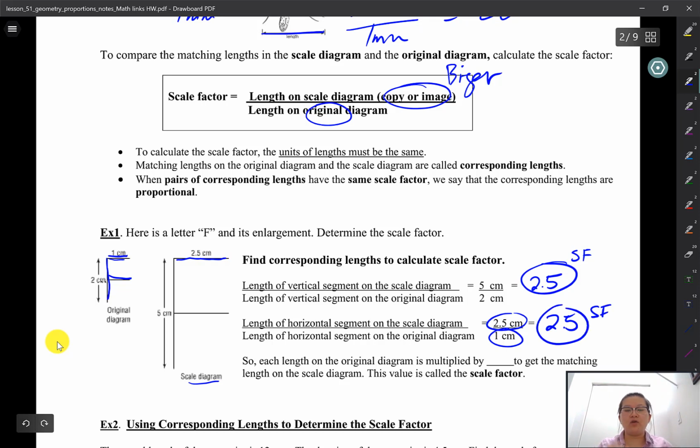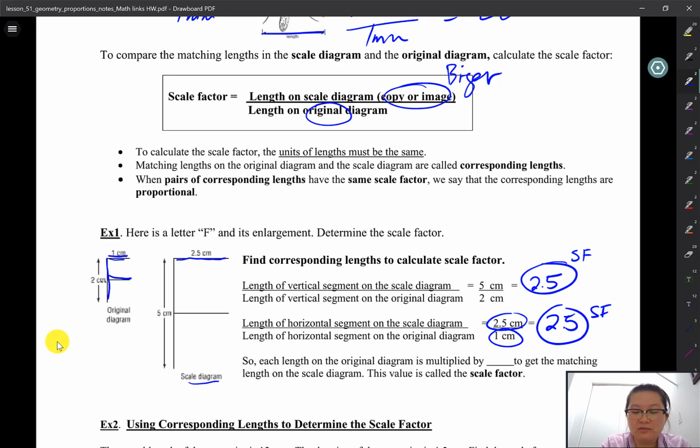Notice, in order for you to have a legit scaling, you need to make sure every dimension of your diagram is scaled the same way. Both the horizontal and the vertical are scaled the same way, just like in a 2D diagram, like something on your graph. It should be scaled in both the vertical axis and the horizontal axis.